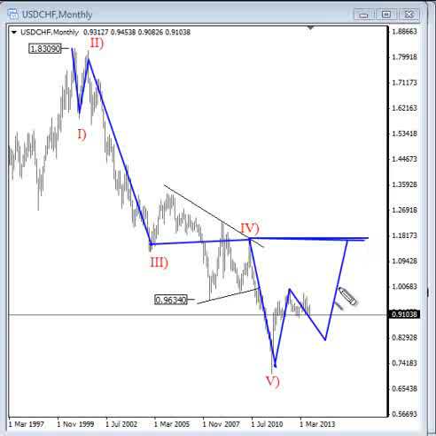Okay, so we could easily see test of these levels after this ABC. So because this is still only first leg from the lows, because wave 4 termination point is much higher from current market price, I suspect that we will see more upside here.